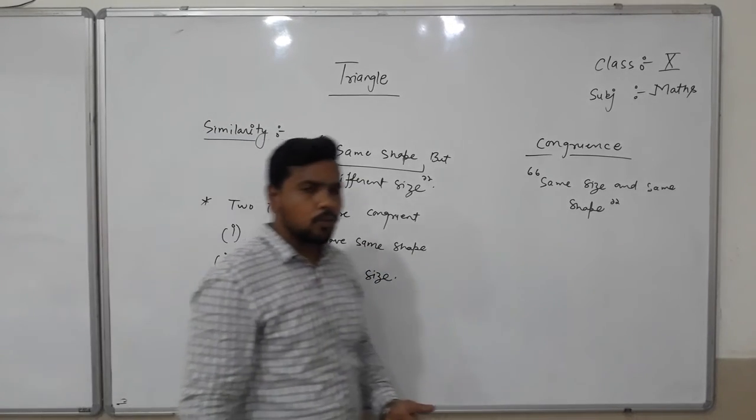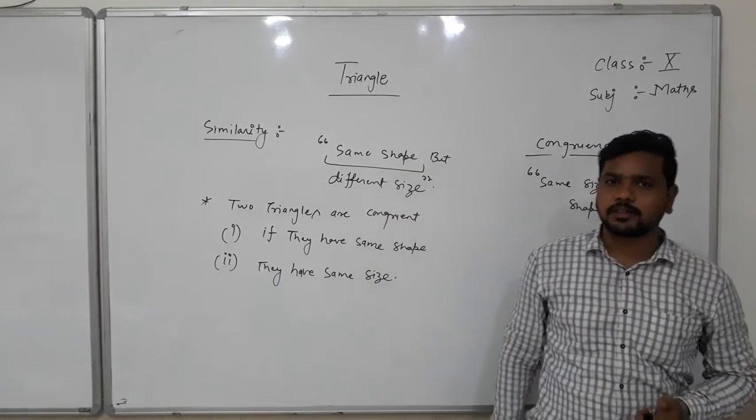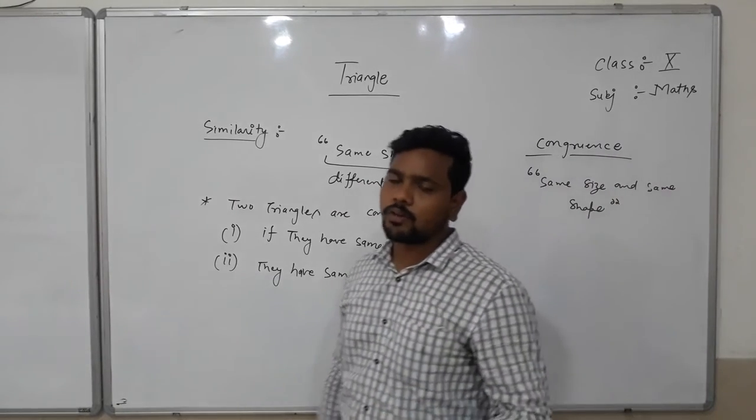Both conditions must be satisfied. Two triangles can be congruent if they have the same shape and the same size, by the help of SAS, SSS, all these congruencies.